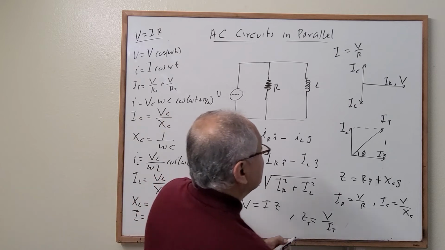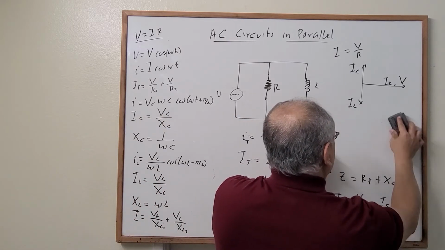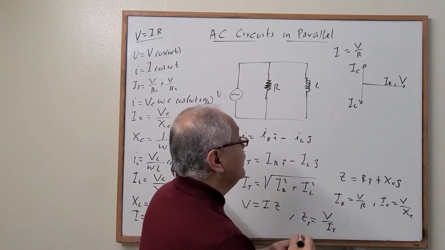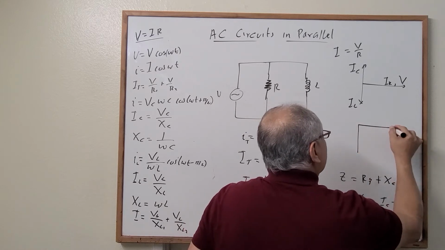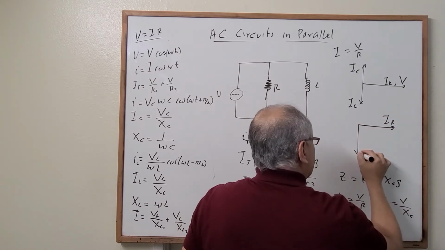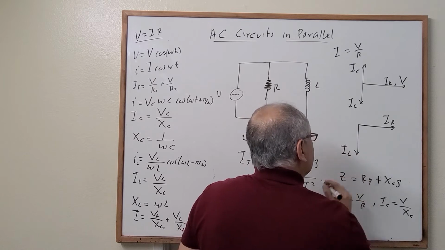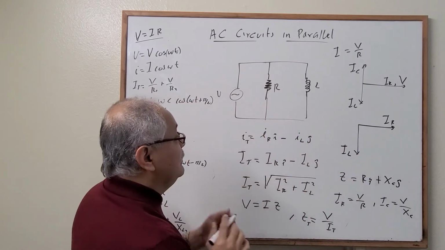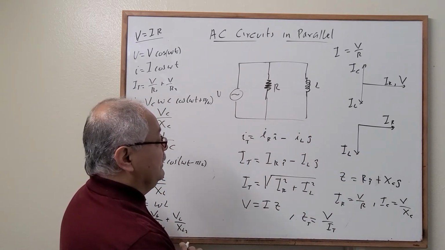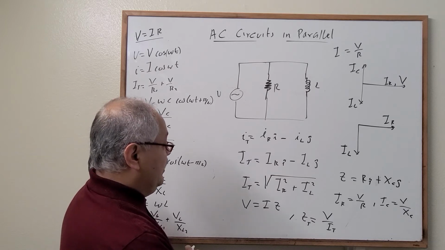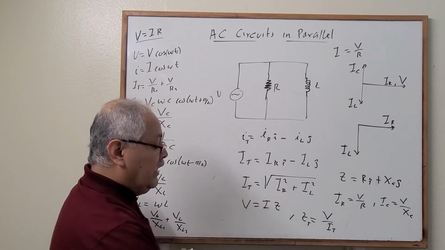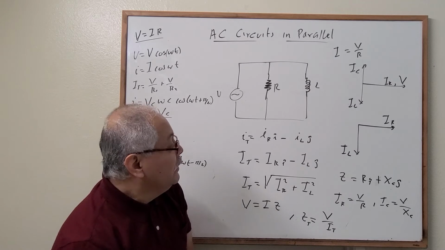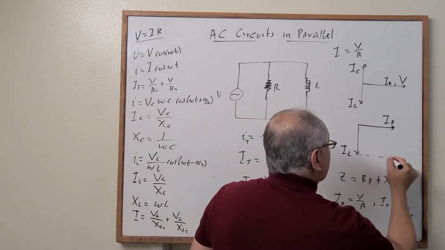Now let's continue in this picture using the phasor diagram. It's not gonna be in this direction; it's gonna be the current through the resistor and the current through the inductor. Correct. Perfect. And the equations are the same. Now what should be the total?